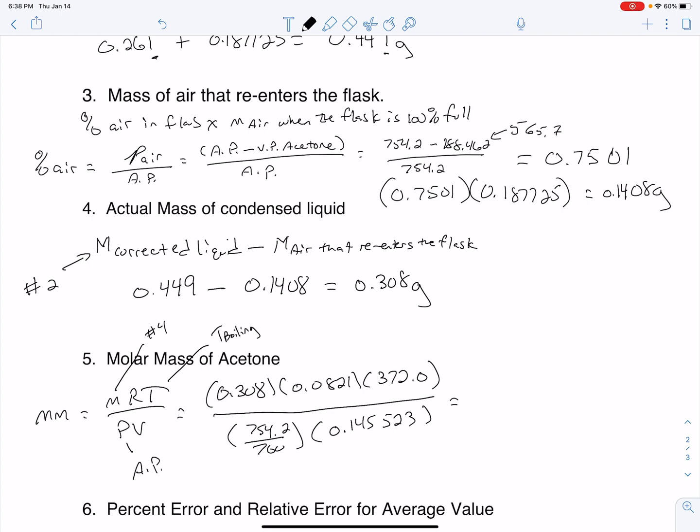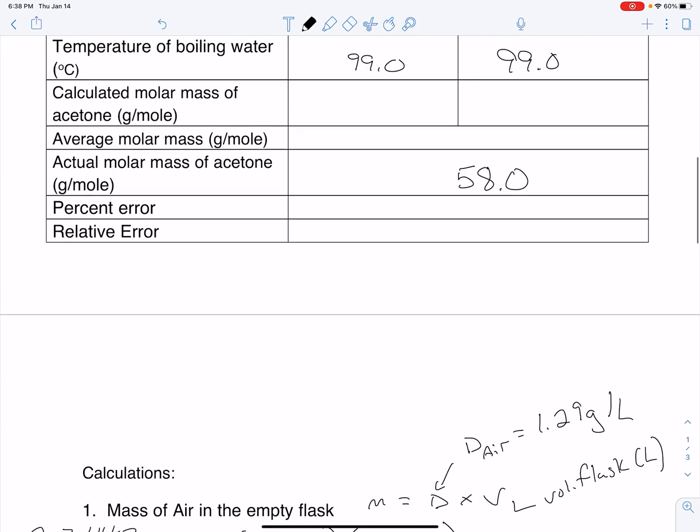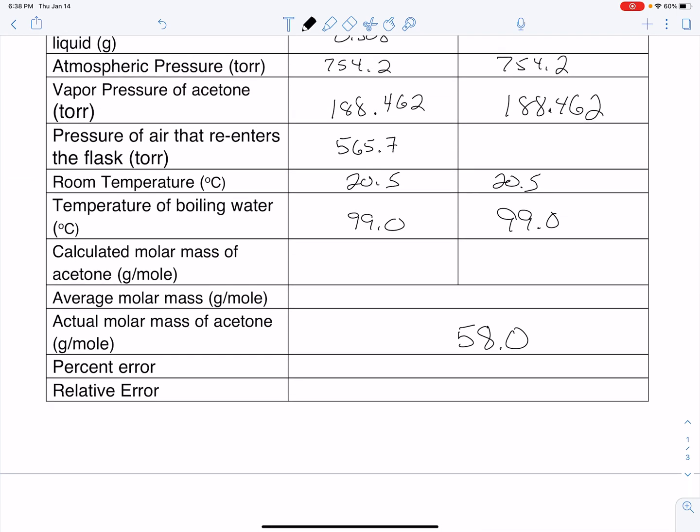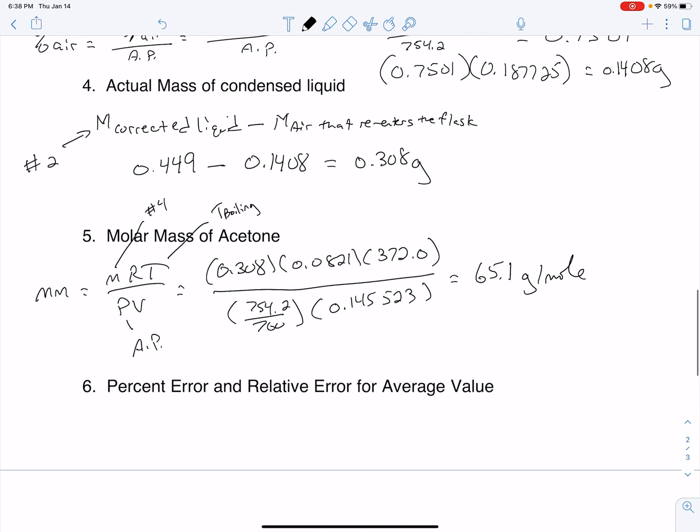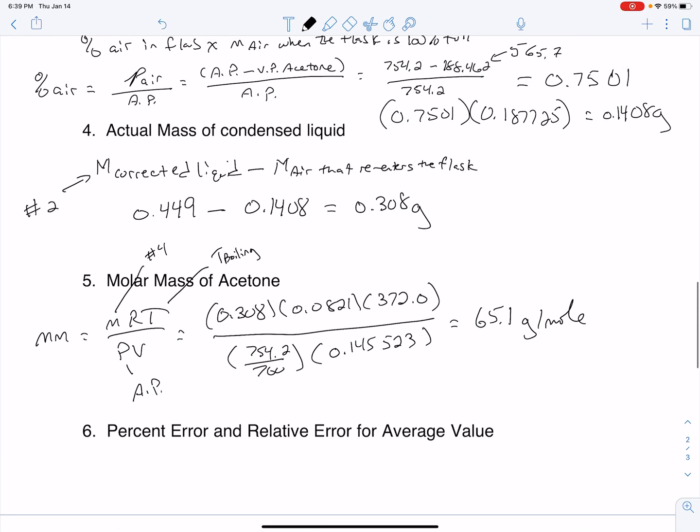And the answer I got through all of that to 3 sig figs was 65.1 grams per mole. And I'll tell you what, that's a pretty good number, keeping in mind how we had to do this in my office. So 65.1 grams per mole.